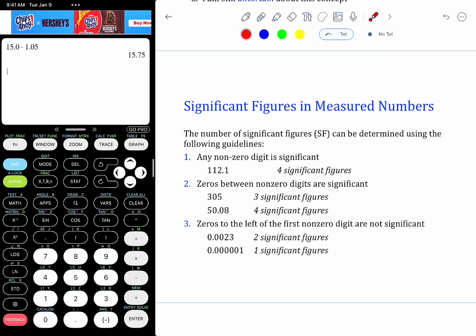So in 0.0023, these zeros are not significant. So my number only has 2 significant digits. In my second value, I have 5 zeros after my decimal, meaning those are not significant, and I only have 1 significant figure in that number.